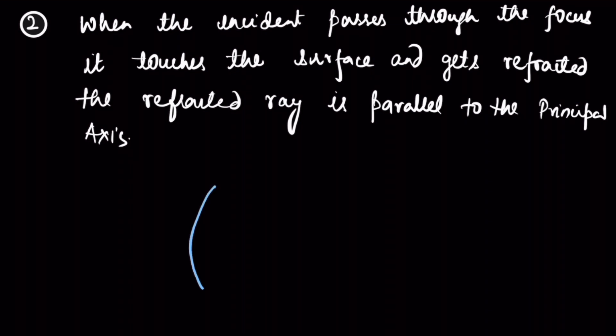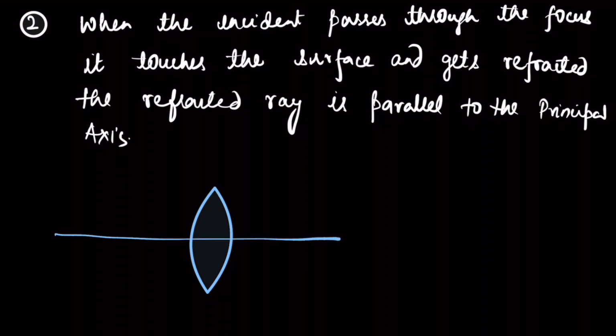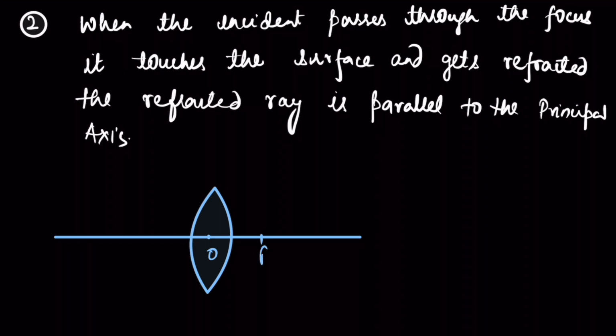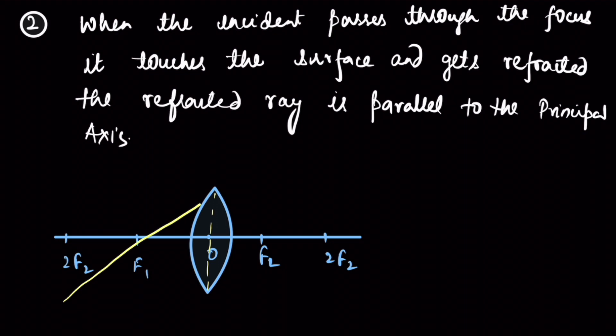So this is our convex lens. If we take the incident ray which passes through f1, after touching the surface it gets refracted and becomes parallel to the principal axis.